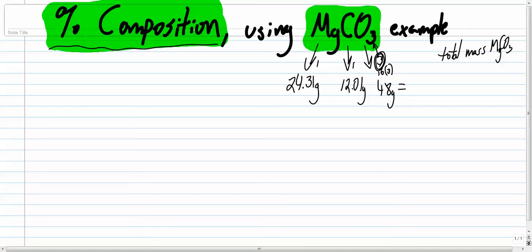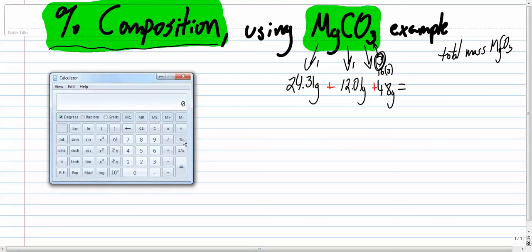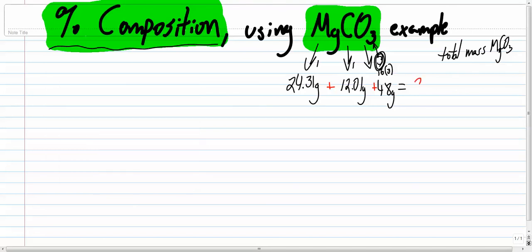So if I want to sum those up, I get out my calculator and I put in 24.31 plus 12.01 plus 48. I wind up with 84.32 grams.